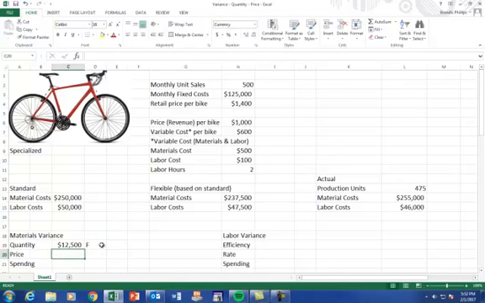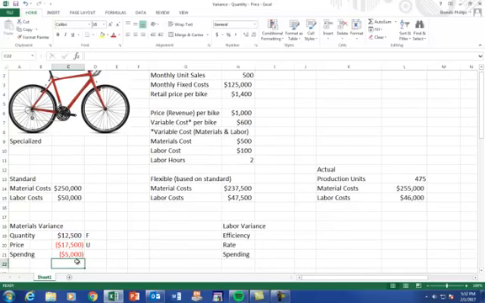Okay, and if we see the actual cost, again, what it should cost based upon the flexible budget, and we take the difference of what the material costs actually were, it's negative, so it's unfavorable. So my overall spending variance is negative by $5,000. Okay, unfavorable.